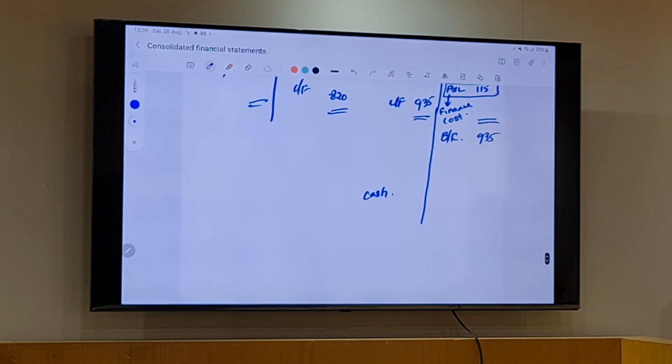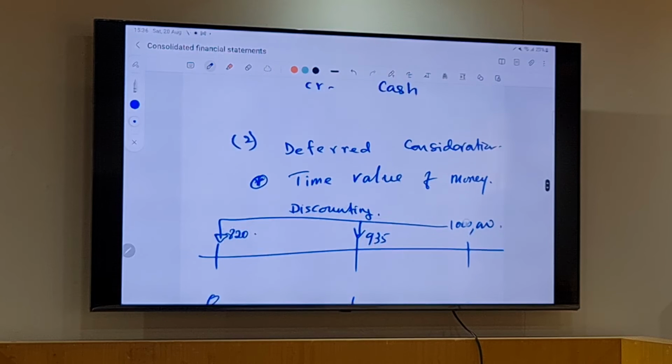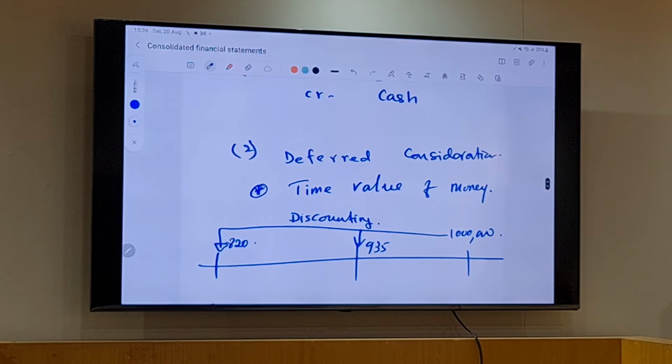I will pay 1 million. And again, another finance cost, 65, this also P&L, finance. Clear? So this is how you deal with deferred consideration.